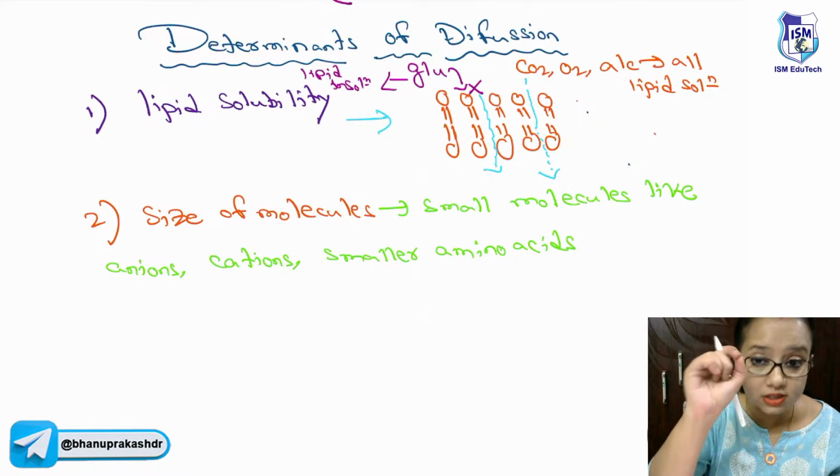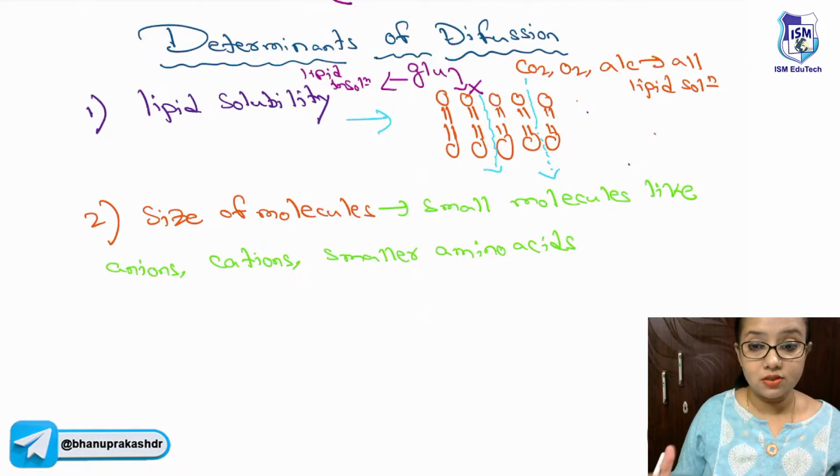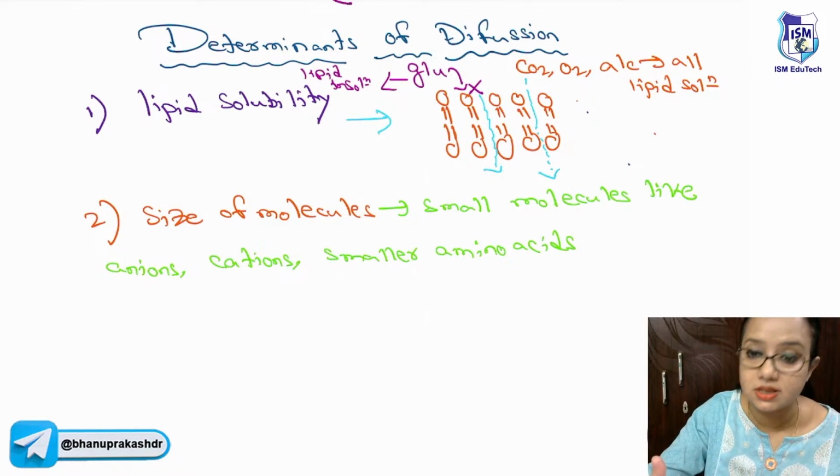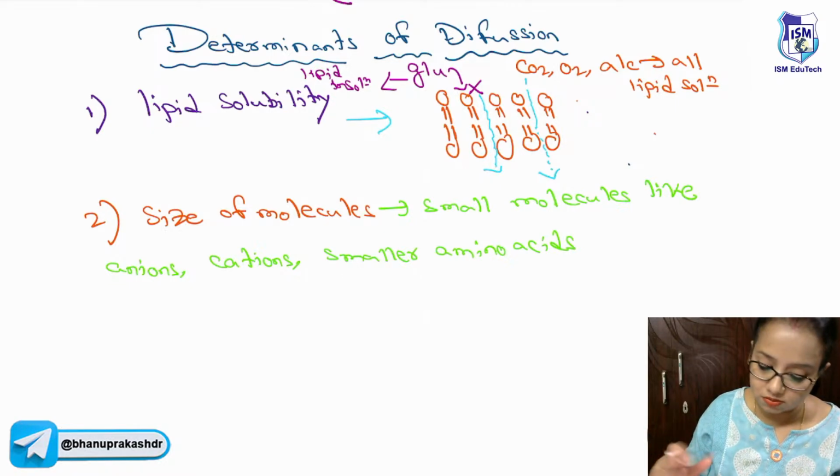Because of their small size, they can easily diffuse across the membrane. Whereas bigger substances like cellular proteins, or even hormones, which are also proteins in nature, because they are bigger in size, they cannot diffuse. This is a very important factor.